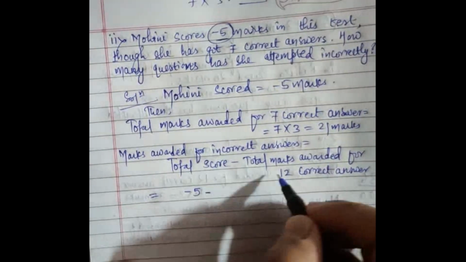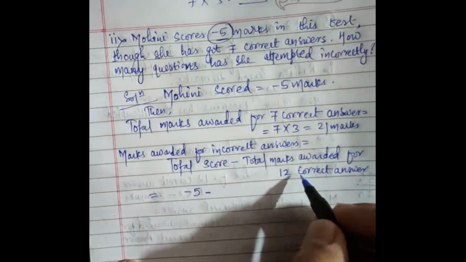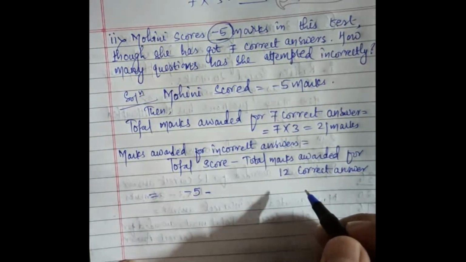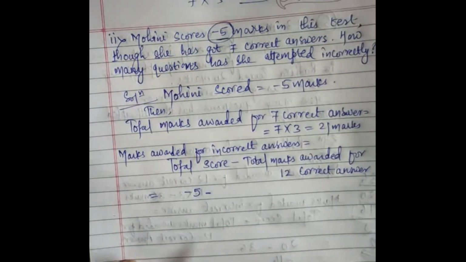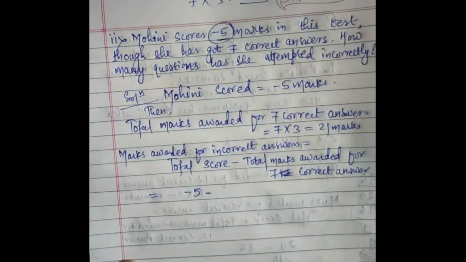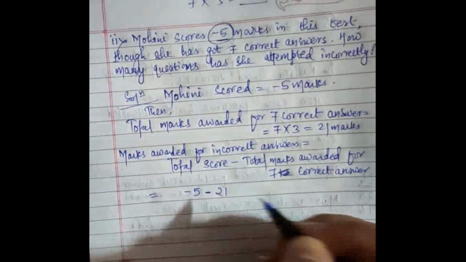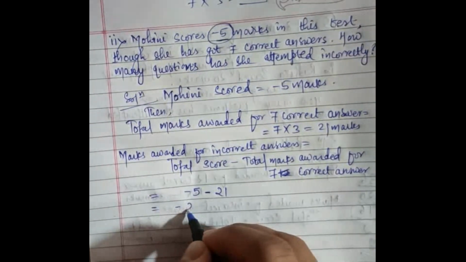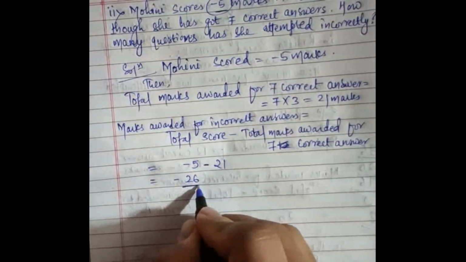And what is her total? Oh, extremely sorry, not for 12. It is for 7 correct answers. So minus, it is 21. It is minus 26. So she got minus 26 marks extra for attempting incorrect answers.